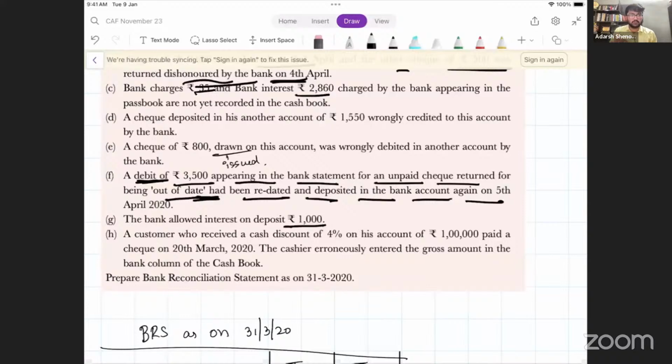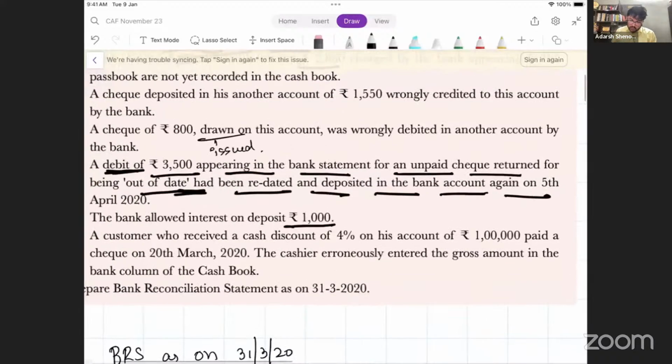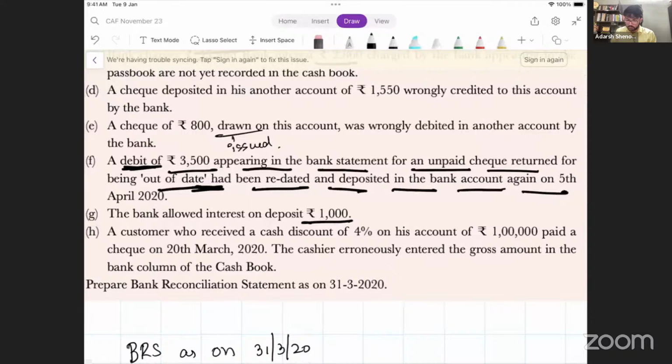Okay, 96,000 rupees he has made the payment. What did our cashier do here? Our cashier is stupid. The cashier erroneously, meaning wrongly, entered the gross amount, gross means total amount, 1 lakh, in the bank column of the cash book. So actually, how much has the customer paid? He has paid only 96,000 rupees. So 96,000 rupees has gone up in the passbook.